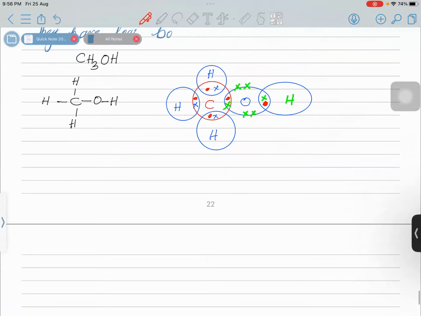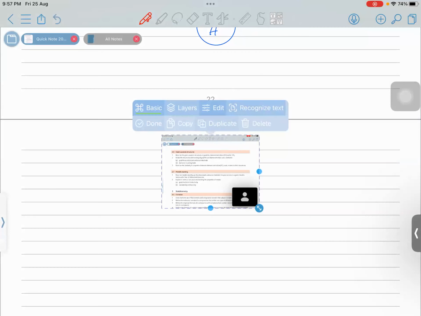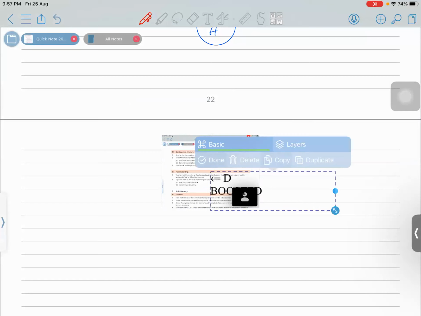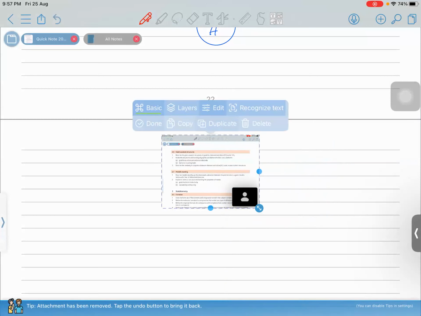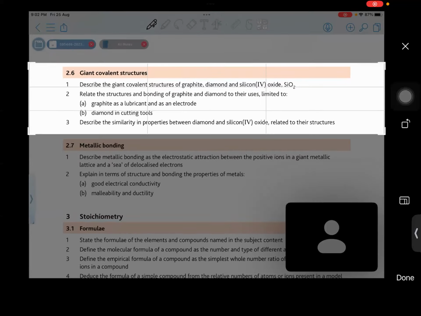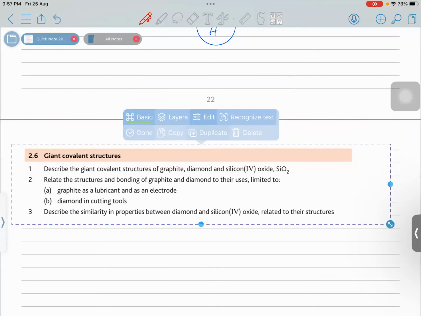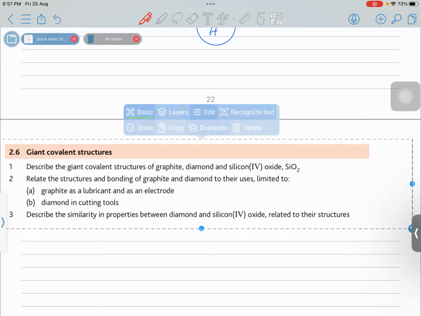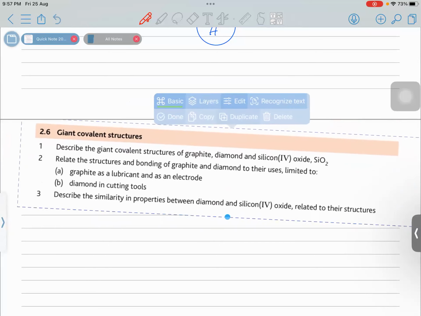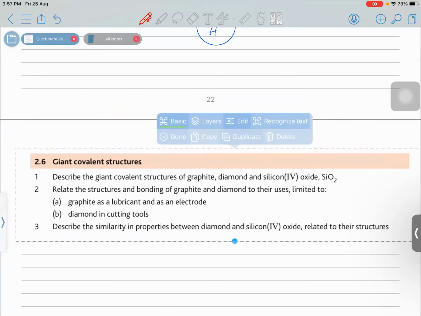Now the next one is 2.6, giant covalent structure.